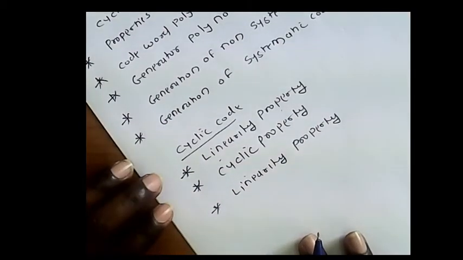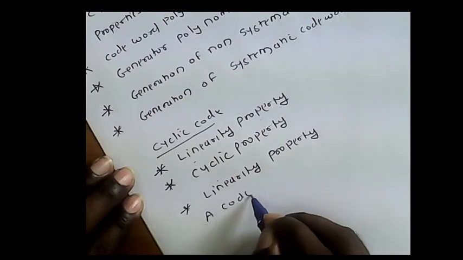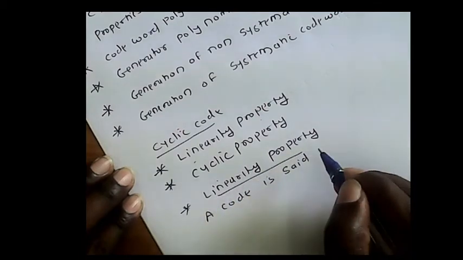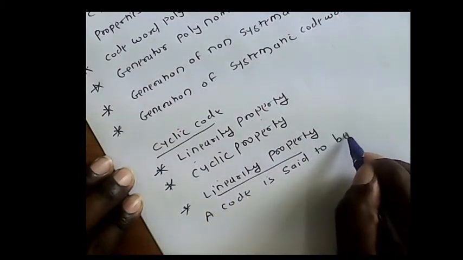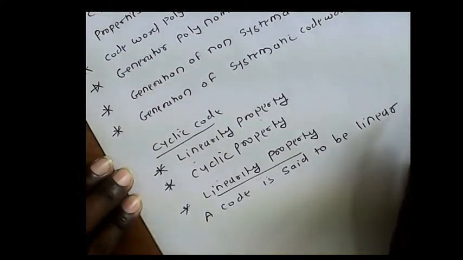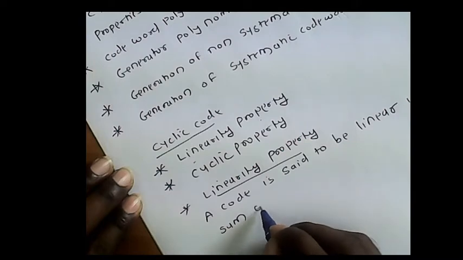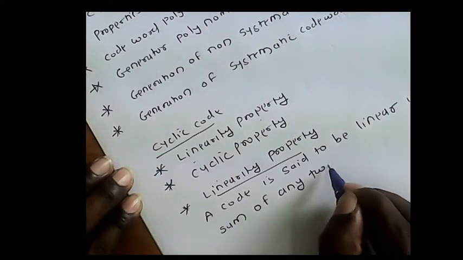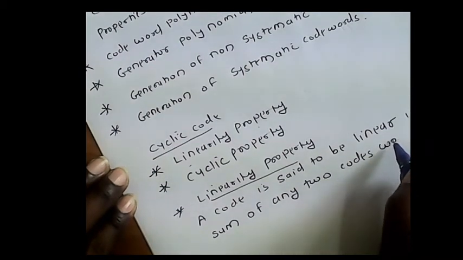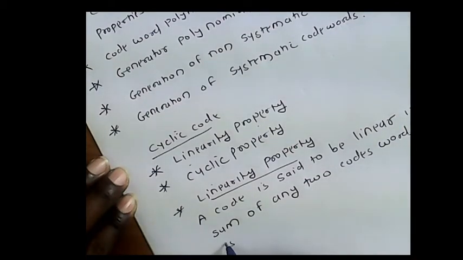The linearity property states that a code is said to be linear if the sum of any two code words also is a code word.